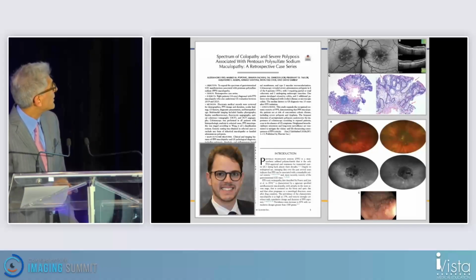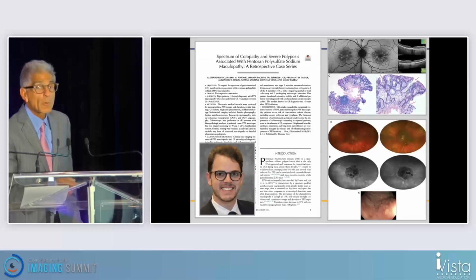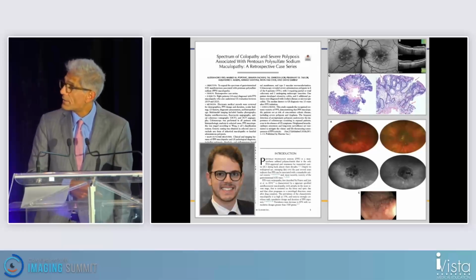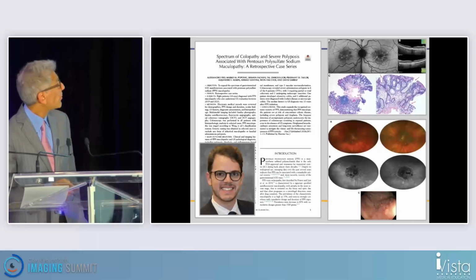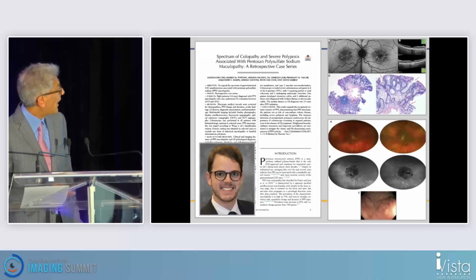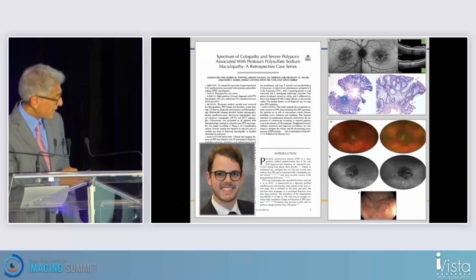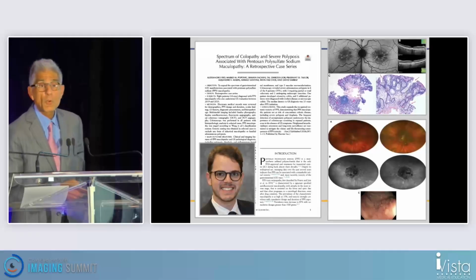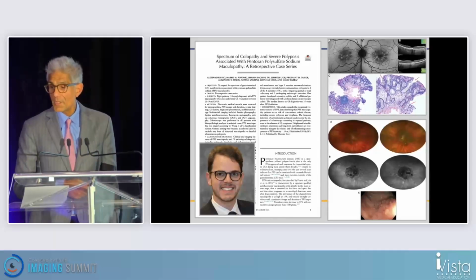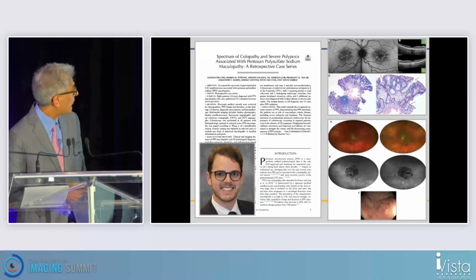And these were some of the other cases that we also published showing the maculopathy and these areas of polyps that we were able to track down in the chart with histopathological confirmation. Several of our patients with severe polyposis and adenomatous dysplasia, and another example of that severe polyposis in another patient in whom we were able to capture the colonoscopy photography.